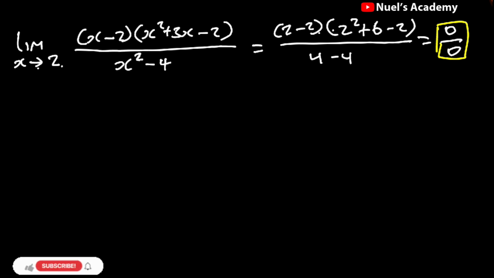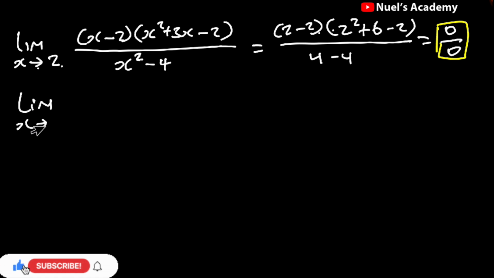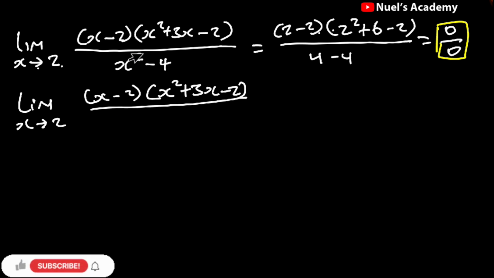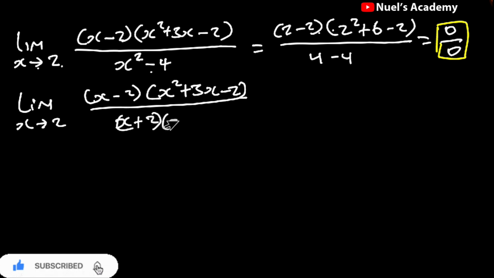and then know if there is any similar term that will cancel each other. So let's start. We have the limit as x approaches 2 of (x minus 2)(x squared plus 3x minus 2) all over x squared minus 4, which is a difference of two squares. So to factorize it, we write it as (x plus 2)(x minus 2).